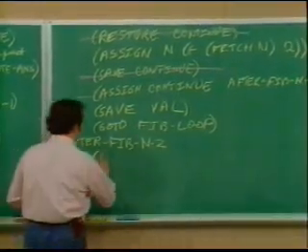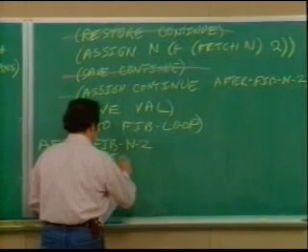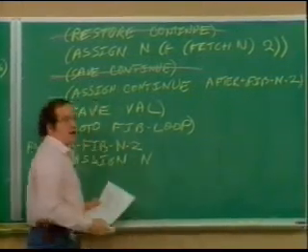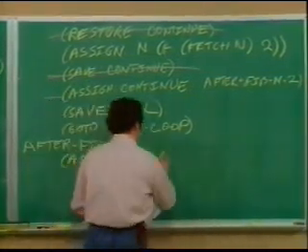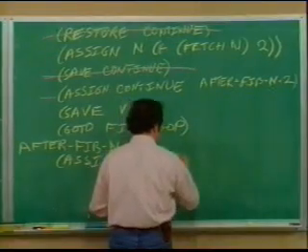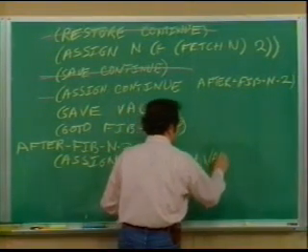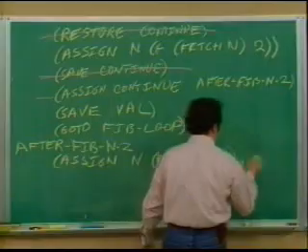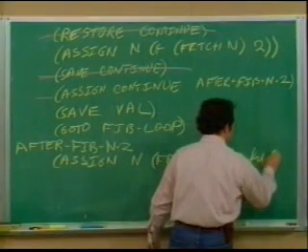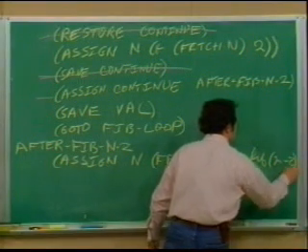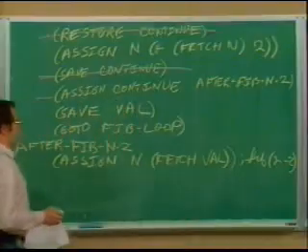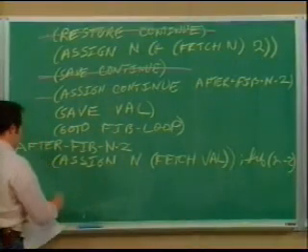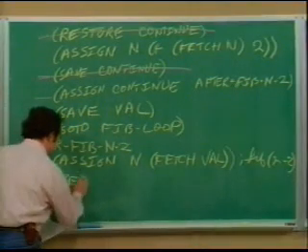So I'm going to assign to n, because I'm not going to need n anymore. N is useless. The current value of val, which was the value of fib of n minus 2. I'm going to restore the value register now.